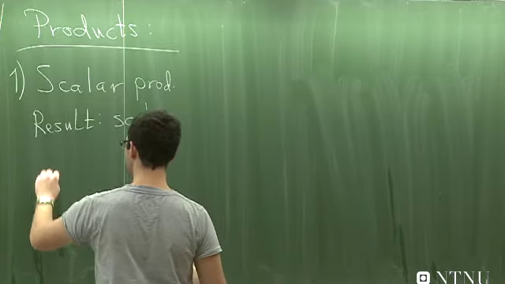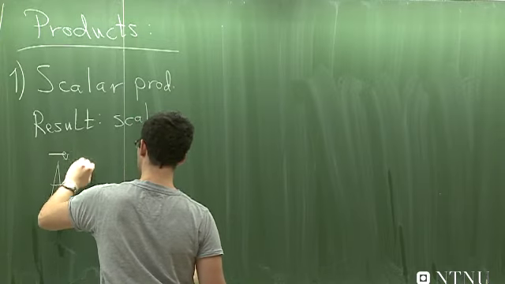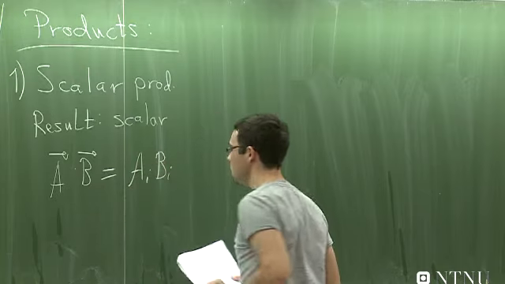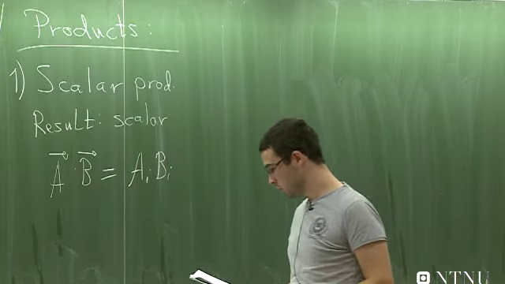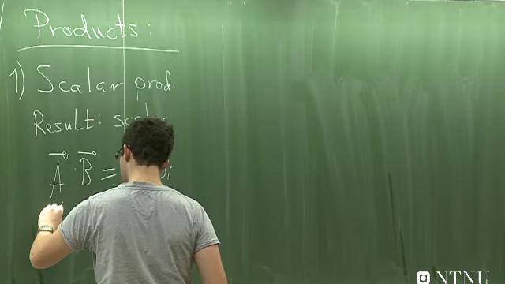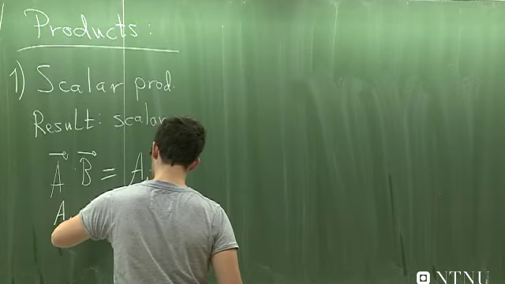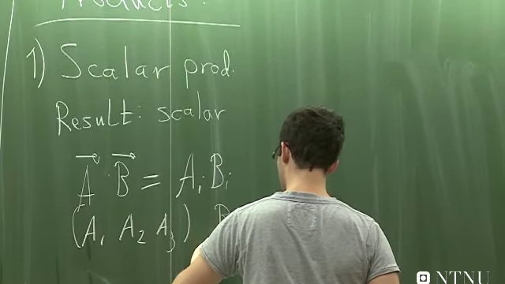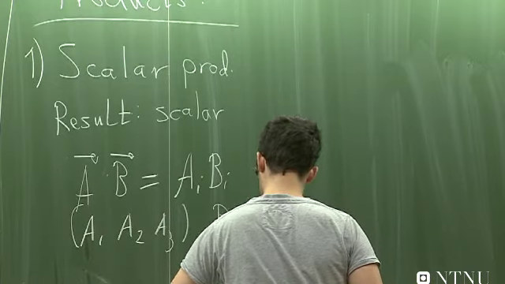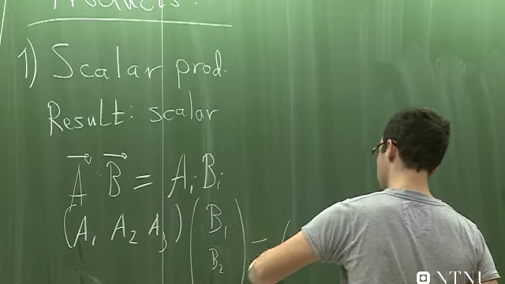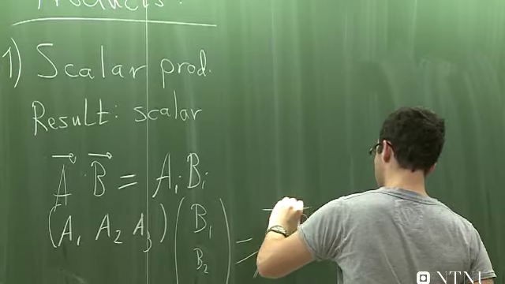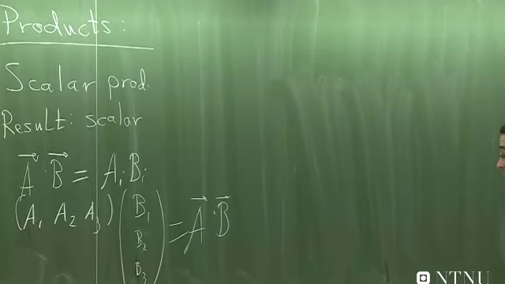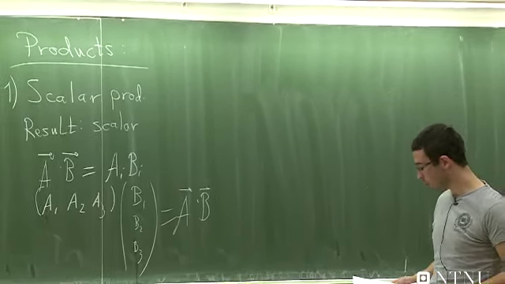And it's pretty simple. I just sum the products of the components, or you can write it in matrix form. The scalar product is also called the inner product or the dot product.